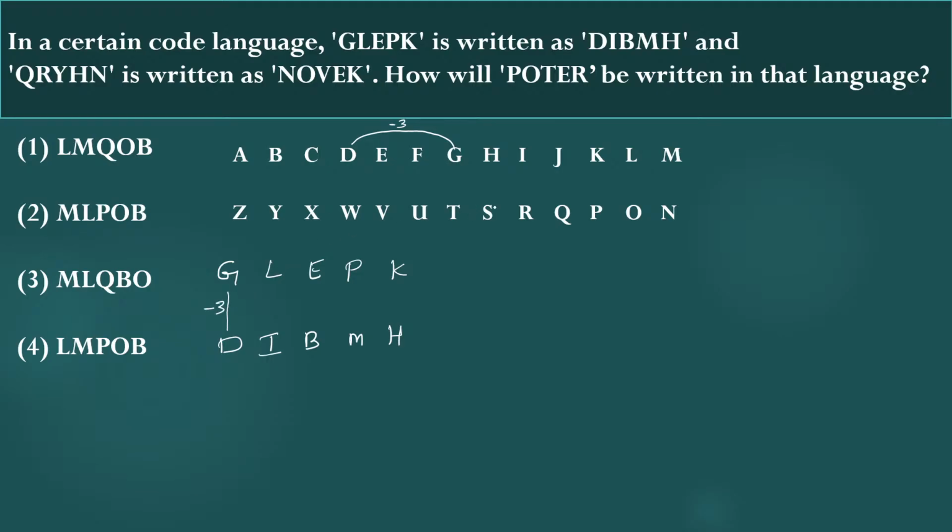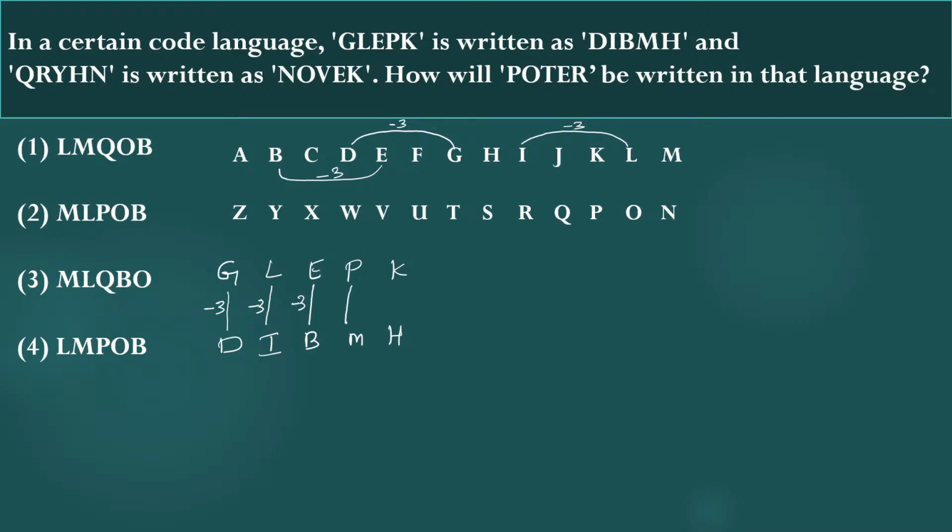L to I, here also we have -3. E to B, here also -3.